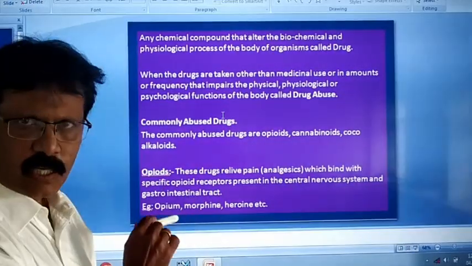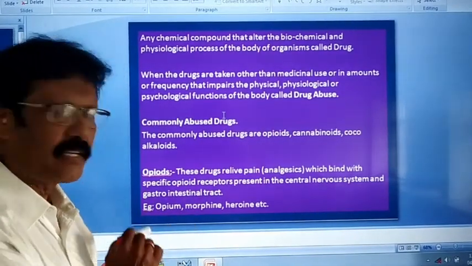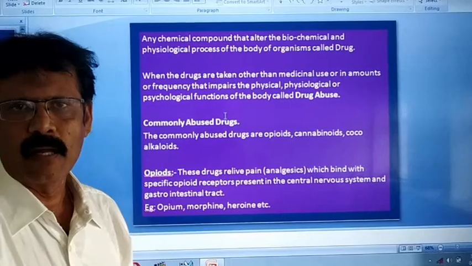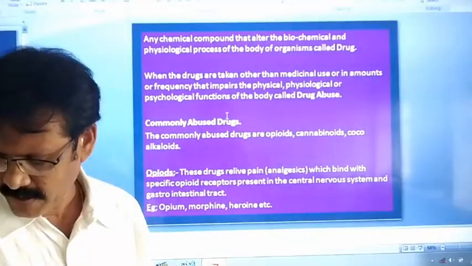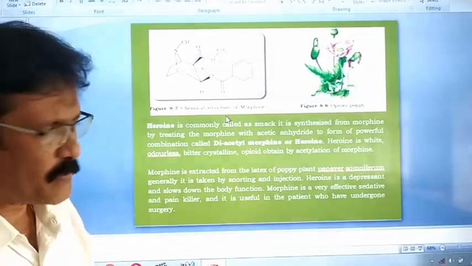Examples for opioids are opium, morphine, and heroin.